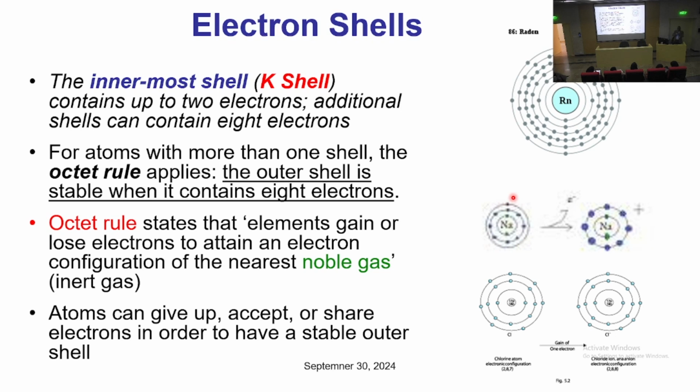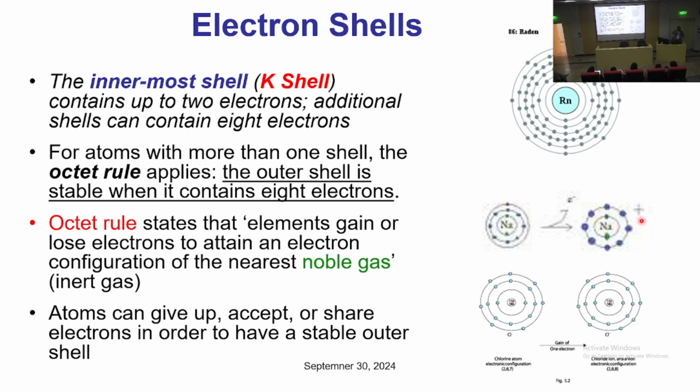So for sodium to reach this stability, is it easier to accept 7 electrons to have 8, or just to lose 1 electron? To lose 1 electron. That's exactly what happens for sodium.